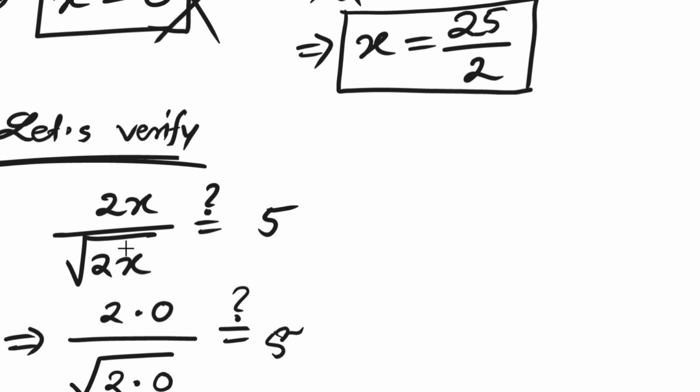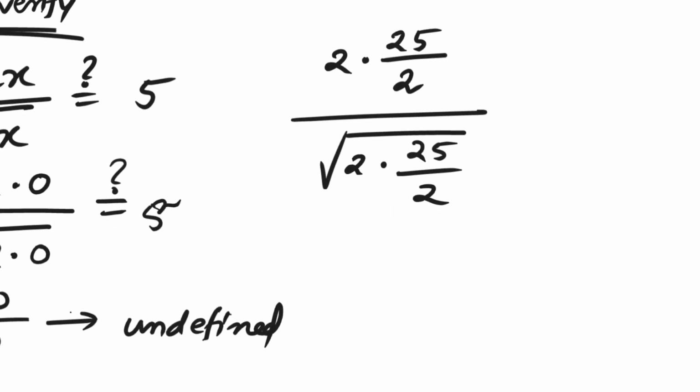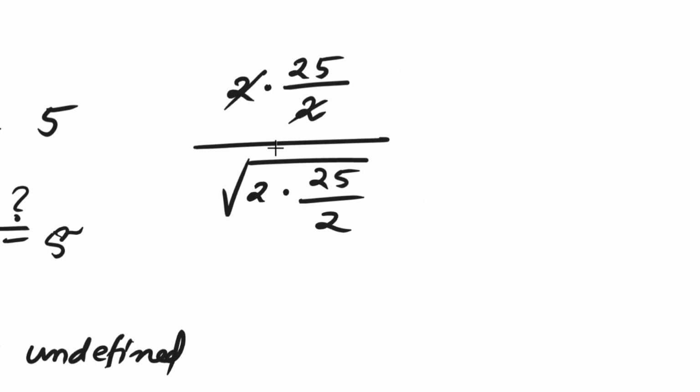Substituting this into the original equation gives 2 multiplied by 25 over 2, divided by the square root of 2 multiplied by 25 over 2. The 2's cancel in both places, leaving 25 divided by the square root of 25.